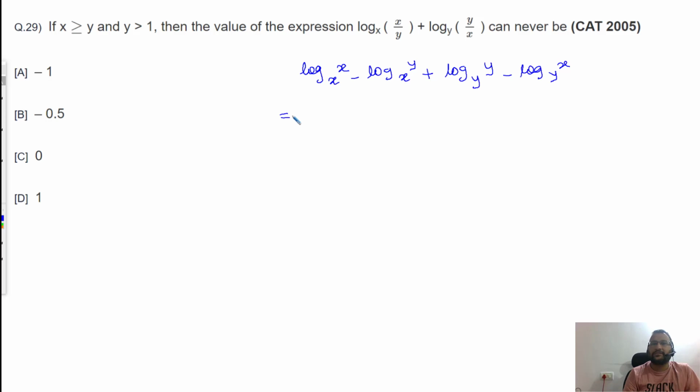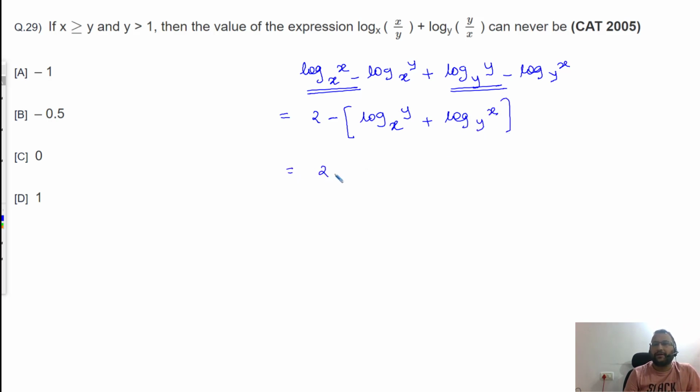So over here you can see that the value of the first term is 1, and this term is 1, that is 1 plus 1 is 2. From the remaining two terms, let's take the minus sign common. This is going to be minus, in a bracket, log of y to the base x plus log of x to the base y.